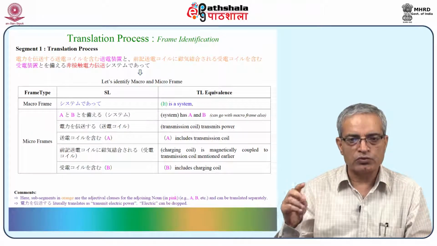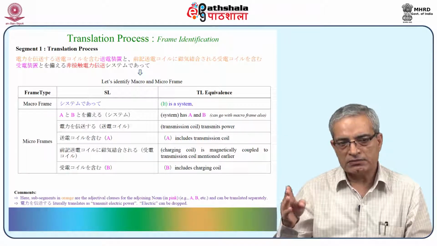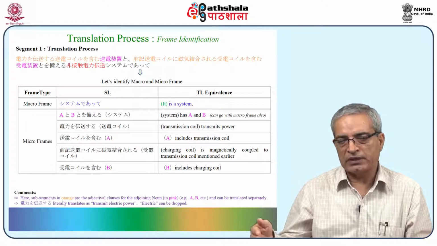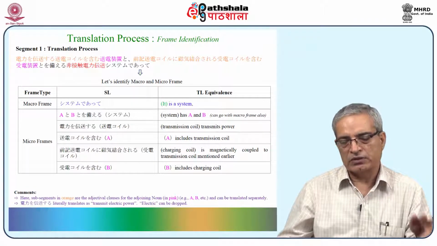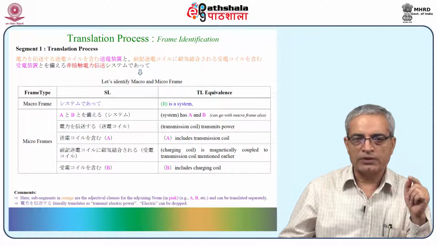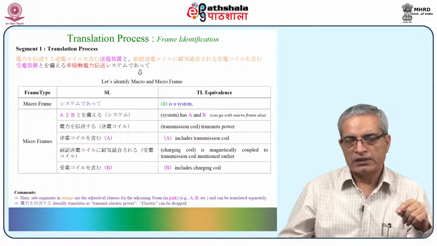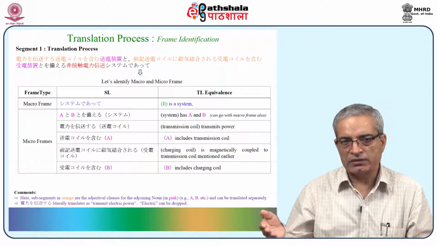That is denryoku o so den suru, so den koiru, sono so den koiru o fukumu, A. Like this, some connectivity if you keep making while breaking the sentence into segments or sub-segments. The next one is zenki so den koiru ni, jiki ketsugo sareru, ju den koiru, and ju den koiru o fukumu. The equivalents as listed here are very clear.